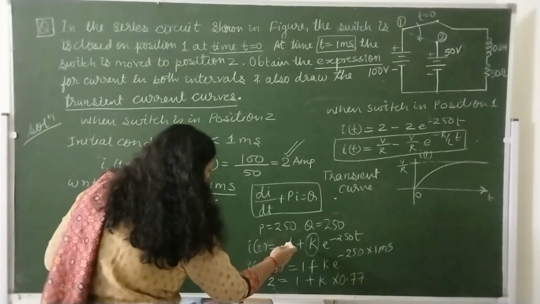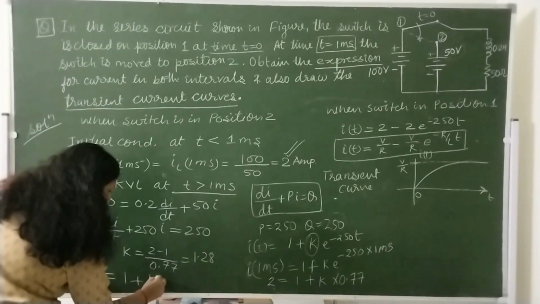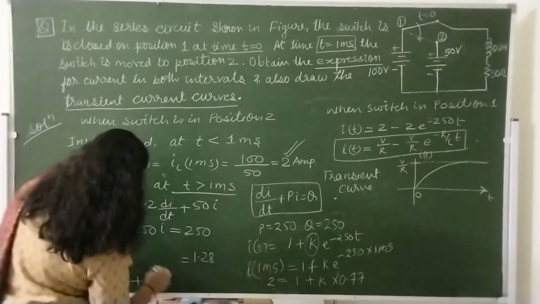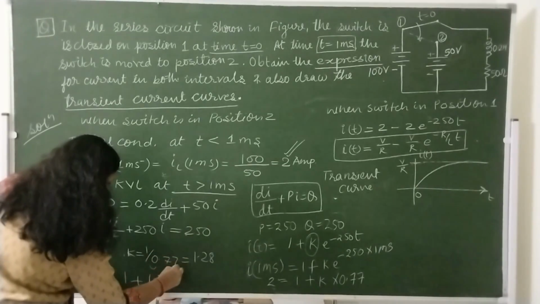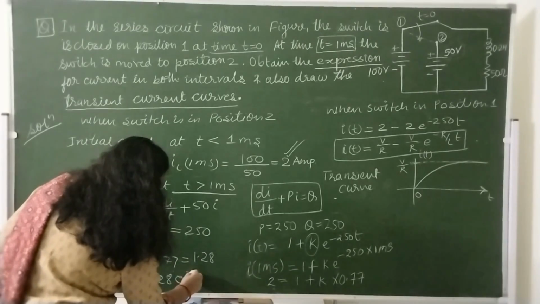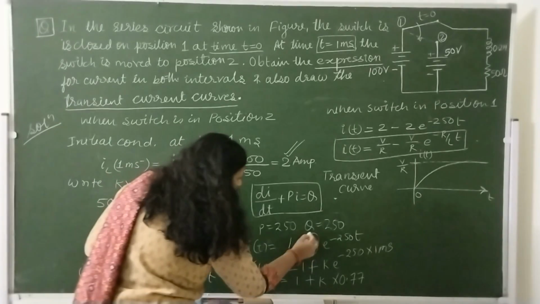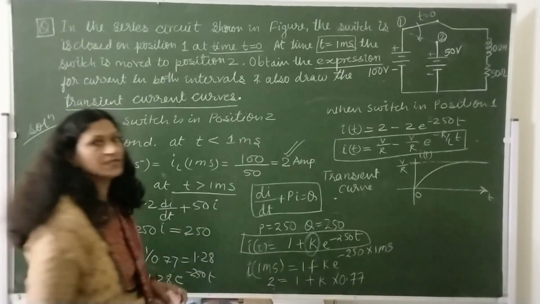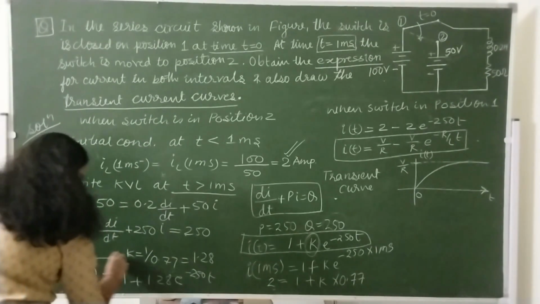It is equal to 1 plus k e to the power minus 250t, where k is 1.28. Okay, substitute the value of k here and we will get the transient current for time t greater than 1 millisecond. So this is our it.